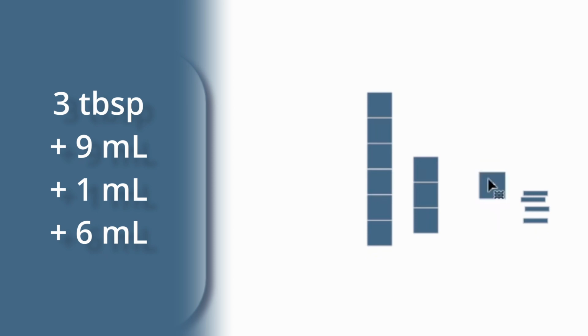Okay, so what we'll do is duplicate this teaspoon right here and take out these individual milliliters. Excellent. And lastly, 6 milliliters. All right, hold on, let me fix that. We need to add another teaspoon because it holds 5 milliliters.